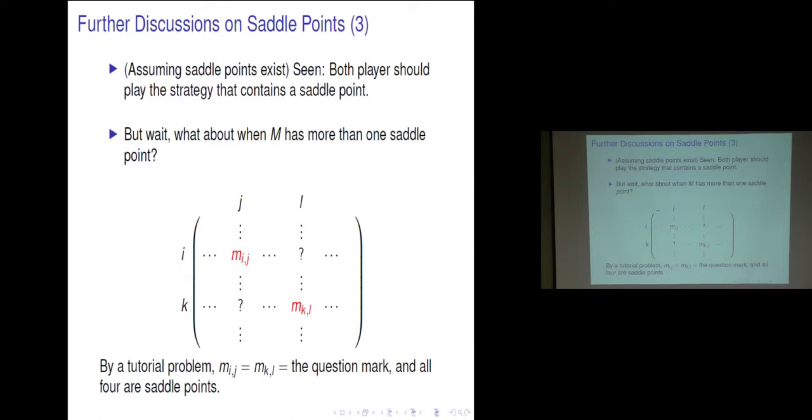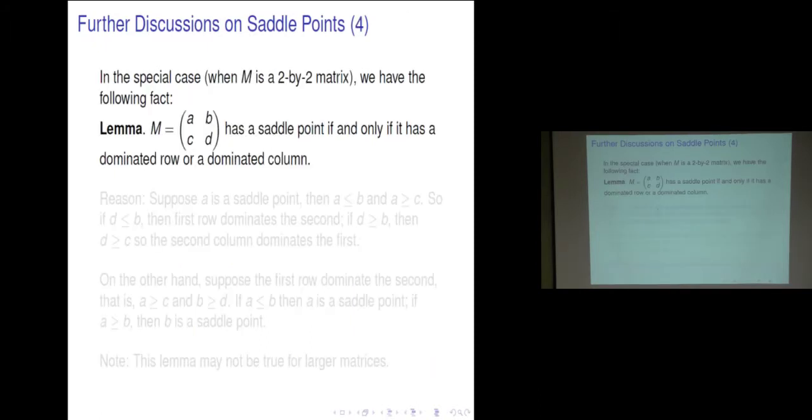Okay, so now this is the last remark, then we'll move into the mixed strategy. This part I'm going to use in a moment. In this special case, when M is a 2 by 2 matrix, we have the following fact.